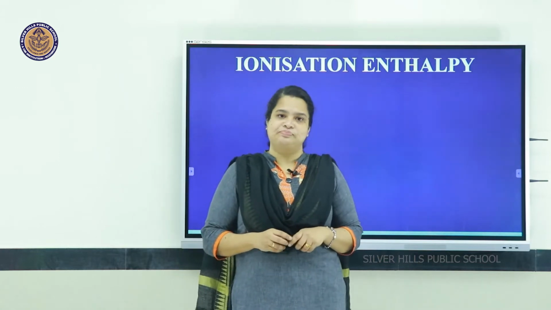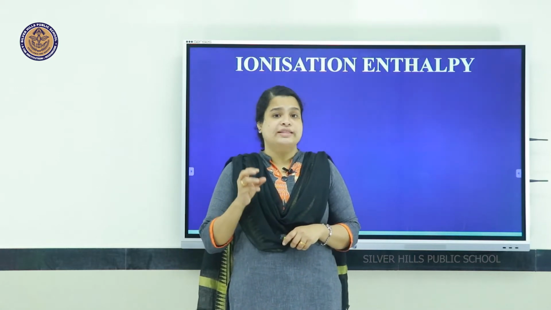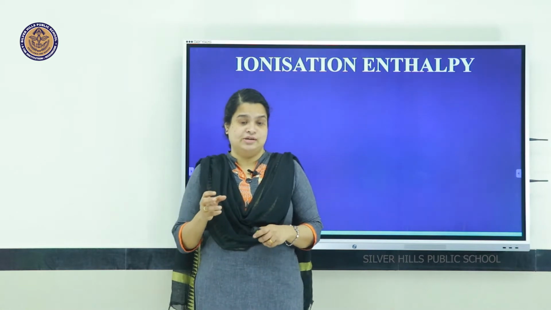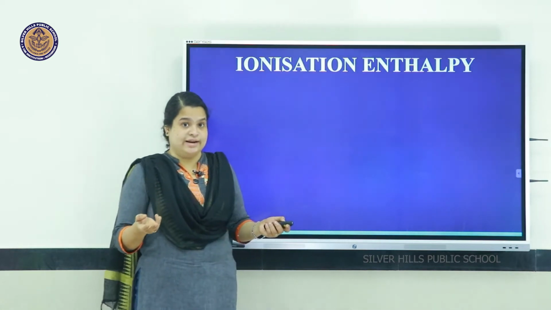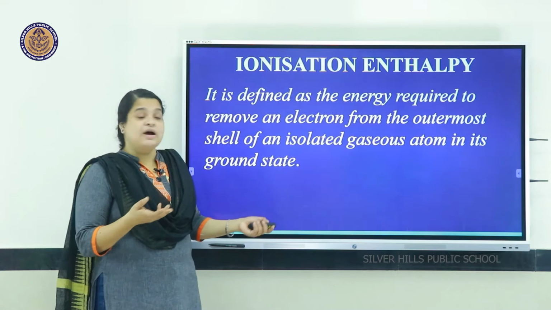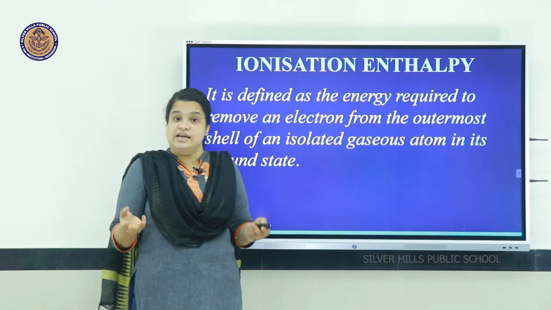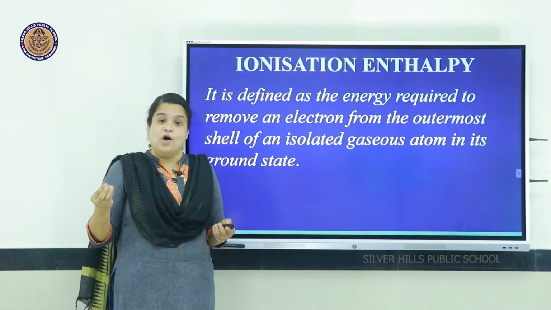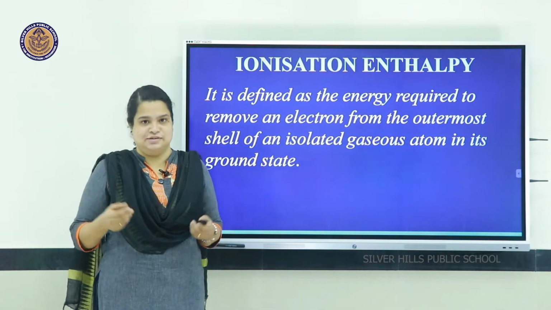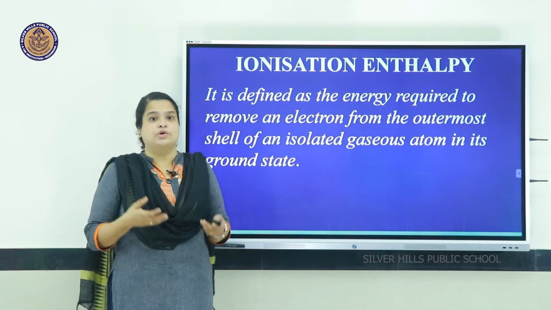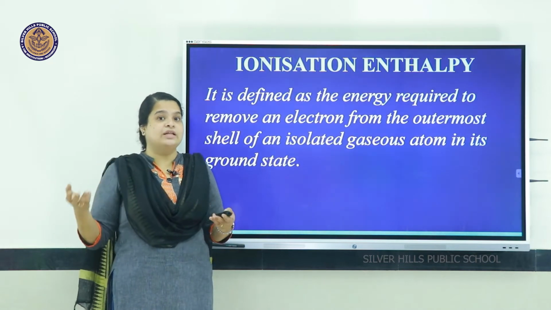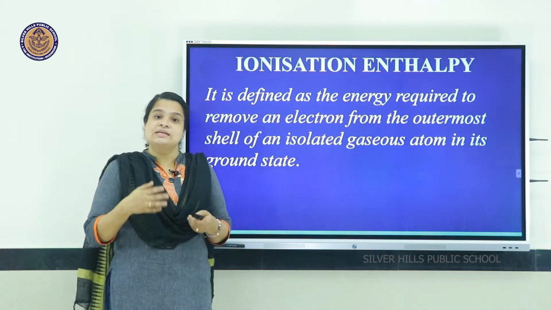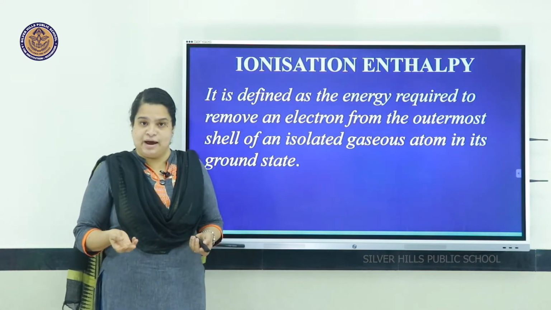Ionization enthalpy, by definition, you might have heard this. What is ionization? It is the energy needed to take an electron from the outermost shell of an isolated gaseous atom. This is the definition you must have studied even in the lower classes. So, let us understand this in more detail.